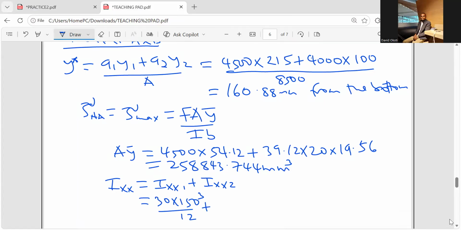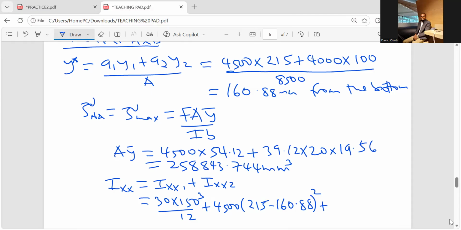So I'll take that plus area 4500 into y1. Our y1 was 215 minus our y dash, the distance to the neutral axis, 160.88, all squared.